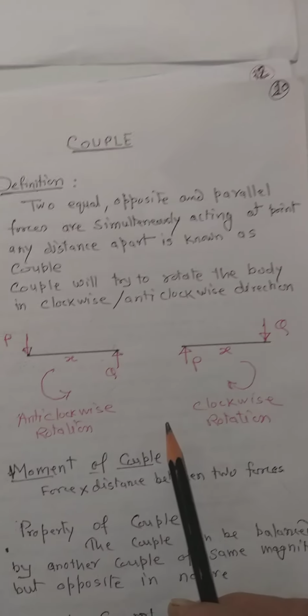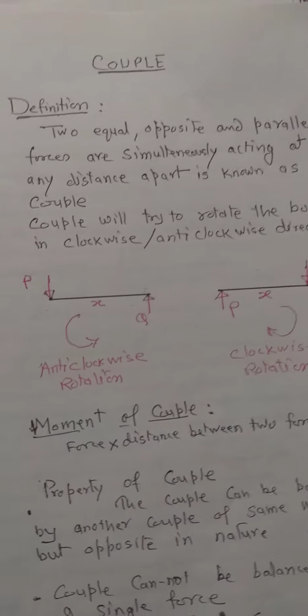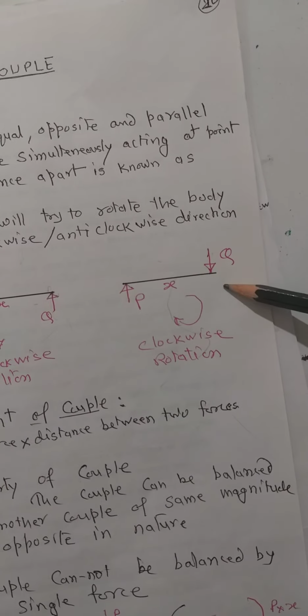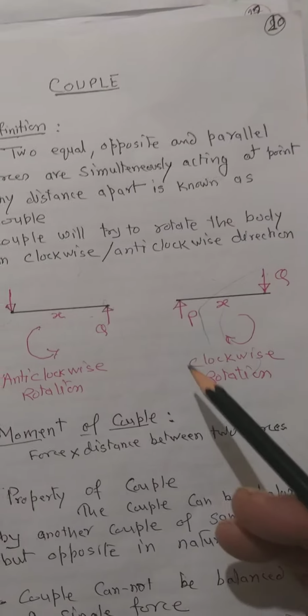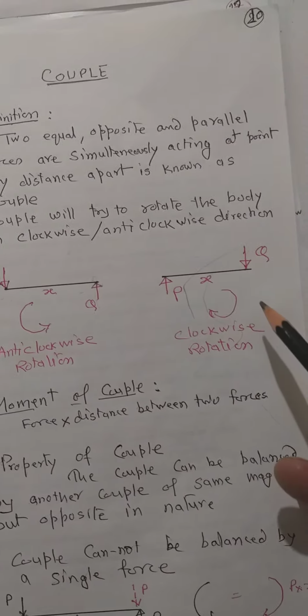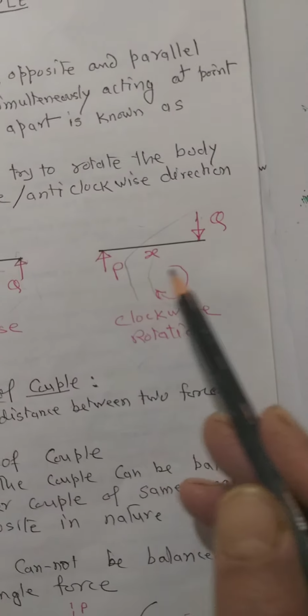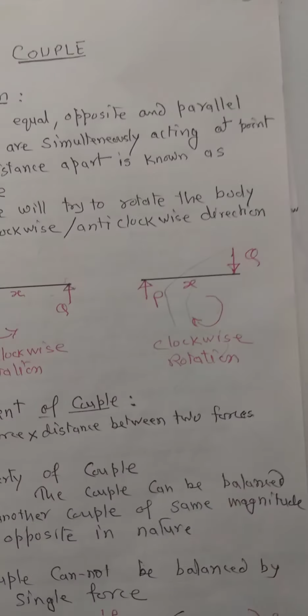The most important property of the couple is, just see, if this is rotating in the anti-clockwise direction, see another couple over here. This force is acting downward, and this force is acting upward. Both are parallel, and the distance between the two is x. Then in which direction will this try to rotate?